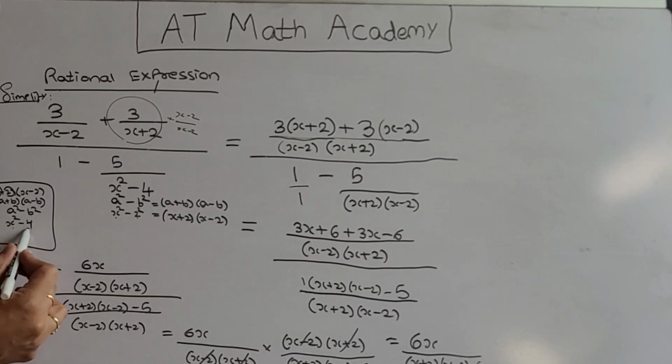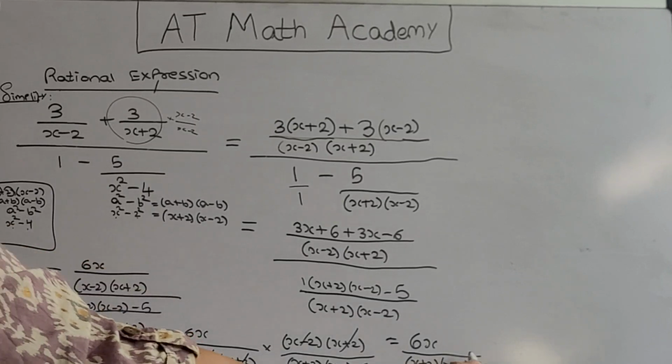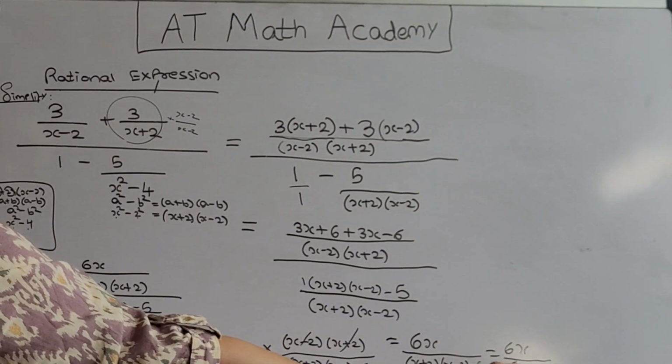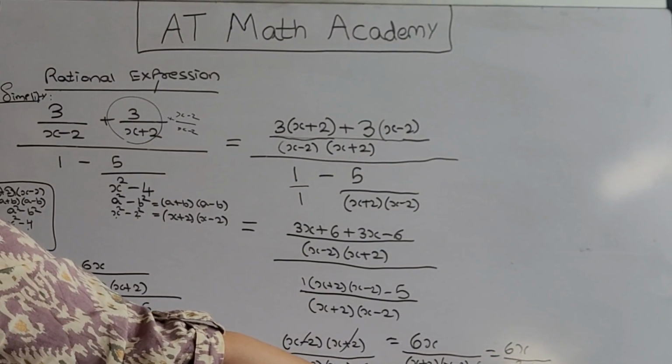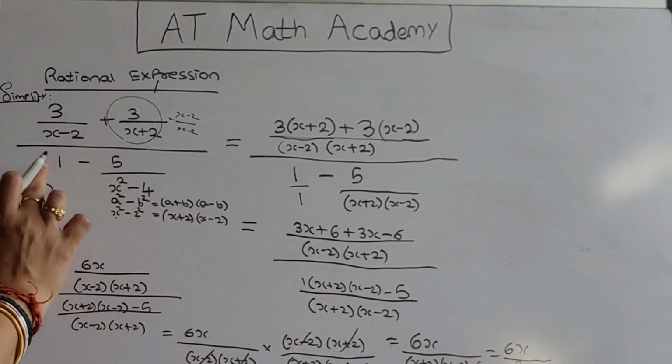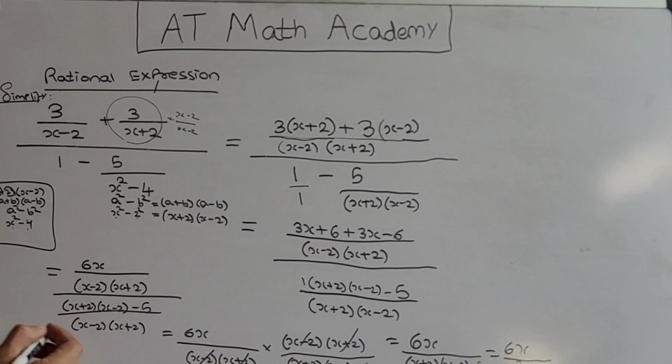So I can write this as x square minus 4. So 6x by x square minus 4 minus 5. So the final result is 6x by x square minus 9. So this is the simplified form for this expression.